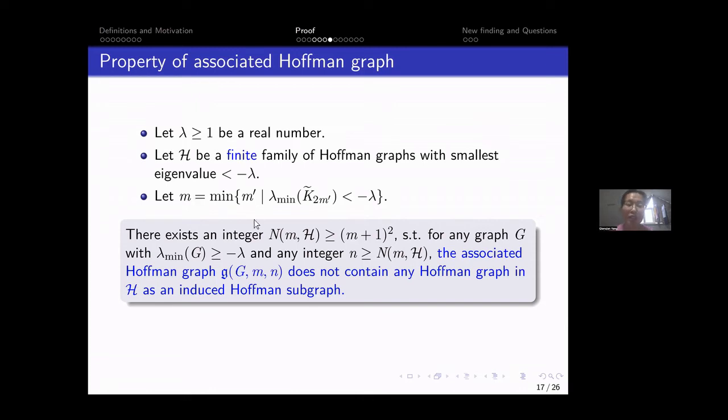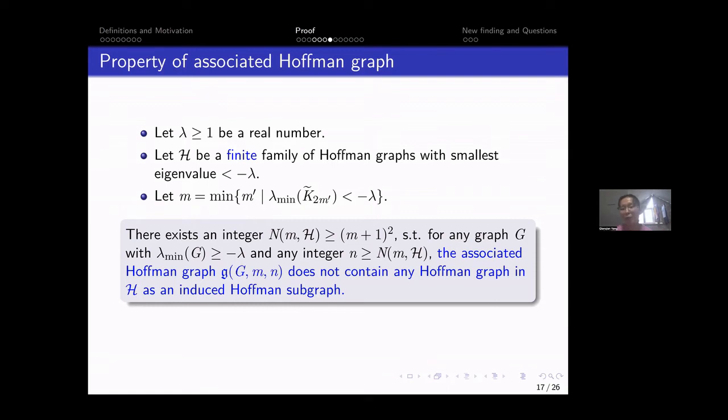Then the result says that we can find an integer capital N related to M and this finite family, such that for any graph G with smallest eigenvalue at least minus lambda, and any integer N, the associated Hoffman graph does not contain any Hoffman graph in H as an induced Hoffman subgraph.